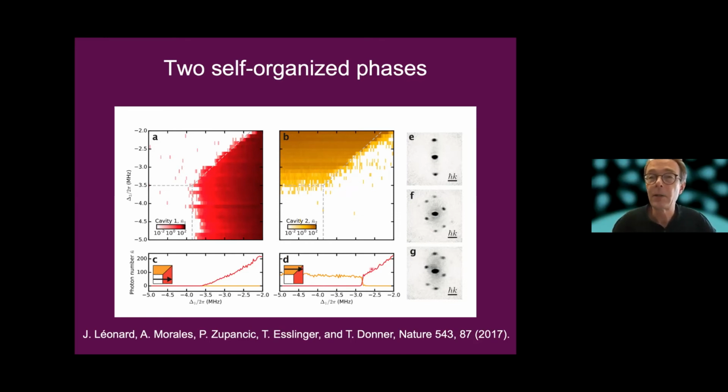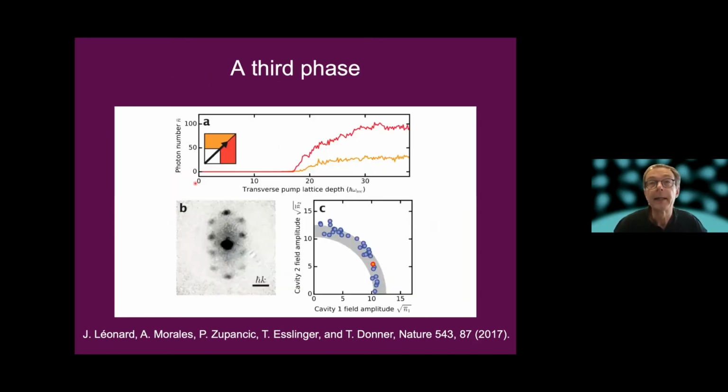But there is also an intermediate regime here on this line, which is more or less the dashed line where both cavities couple with the same strength. So the question was, can I have a field in both cavities? That is possible if you do it in the following way.